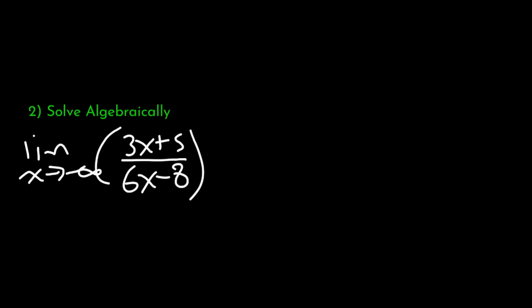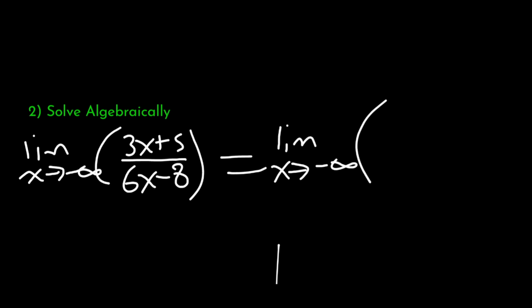But this time, we're going to use this rule called dividing by the highest power on the bottom. So on the bottom, what is the highest power? x to the first. So, this is called the algebraic solving of an infinite limit. We're going to divide by an x on the top and the bottom, and that's going to let us evaluate our limit.